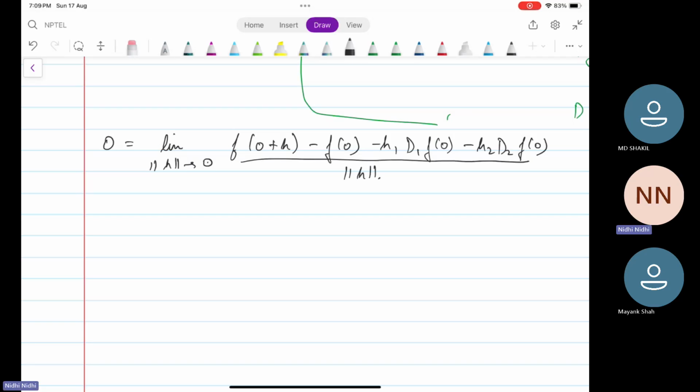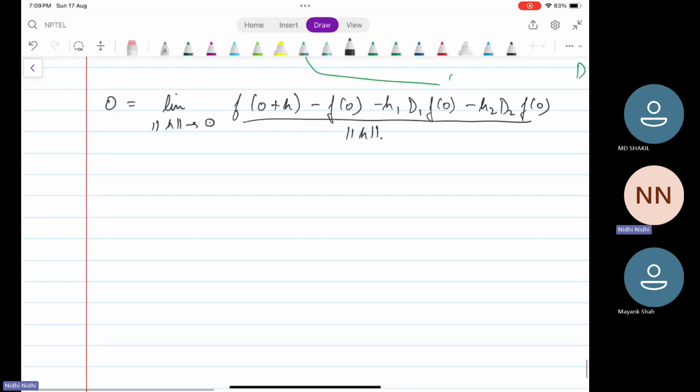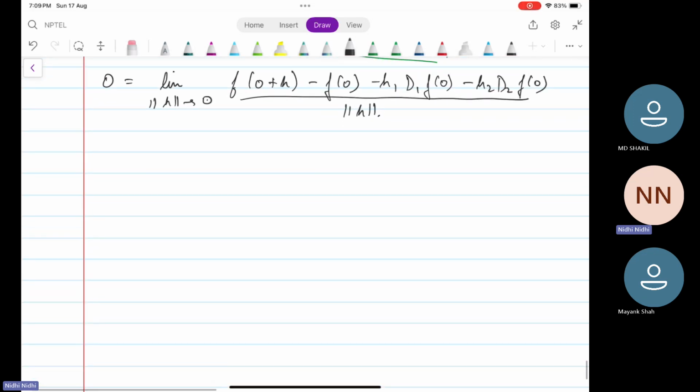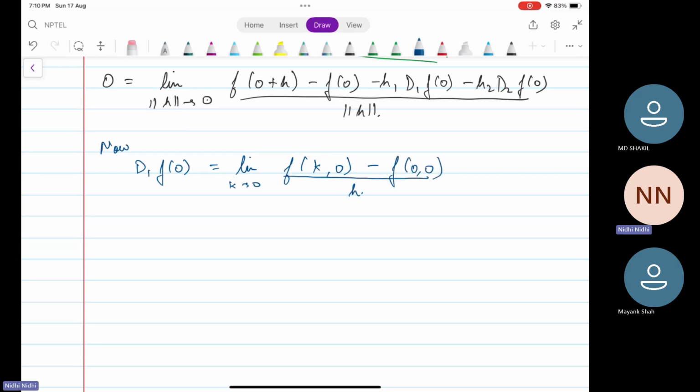Now let's evaluate d1 f and d2 f at 0. d1 f at 0 is the limit as k tends to 0 of f(k, 0) minus f(0, 0) divided by k.